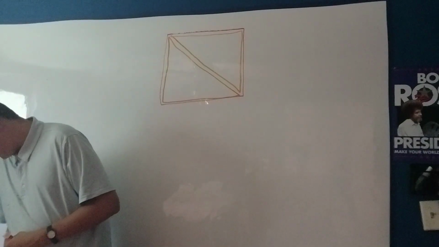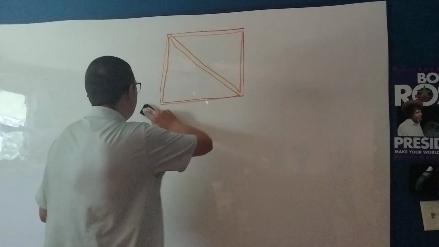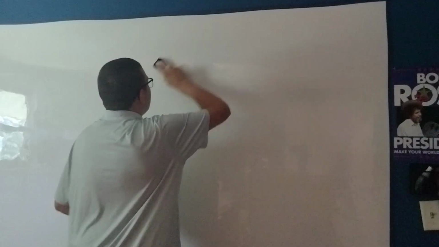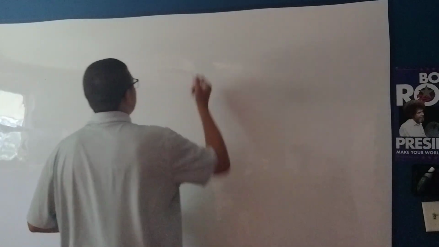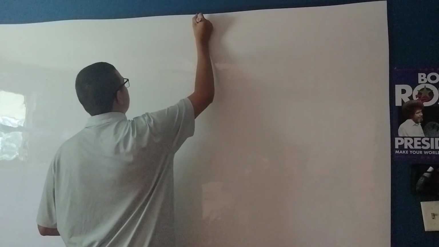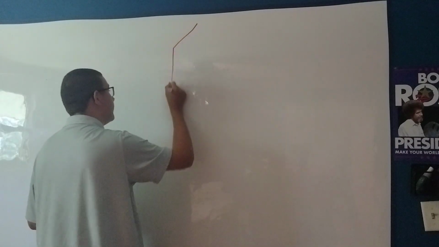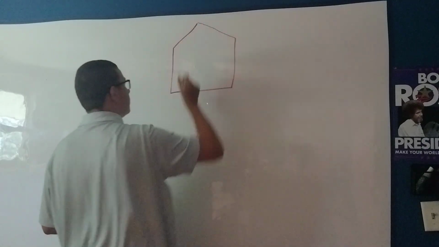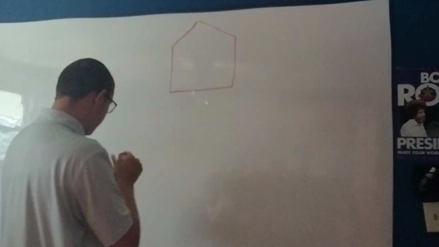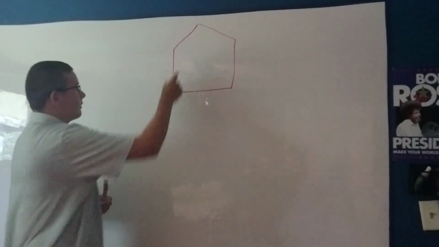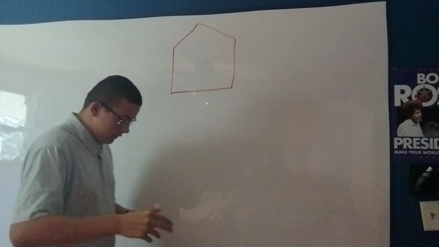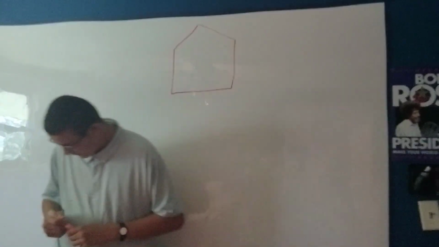But what if we move on to something like a pentagon here? In a regular pentagon, meaning that all of the angles are the same measure and all of the sides are the same length. This isn't a regular pentagon, but in a regular pentagon, these would be angled in slightly like that, but you get the picture.